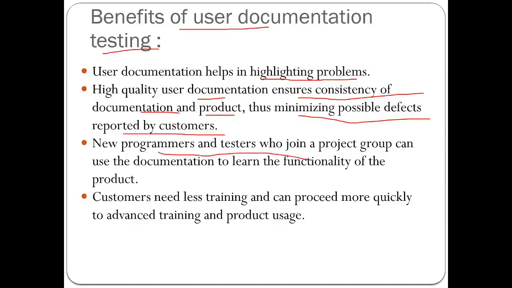New programmers and testers who join a project group can use the documentation to learn the functionality of the product. As I told you, the user documentation of the software product must be able to help any type of user, whether a new user, developer, tester, or any other user.